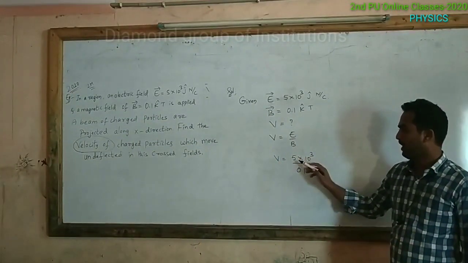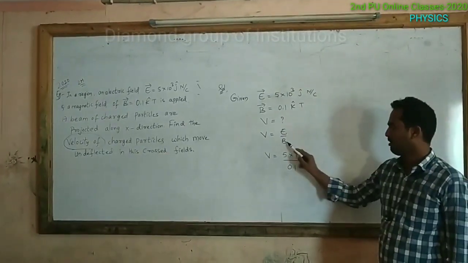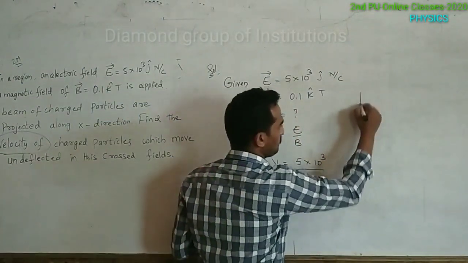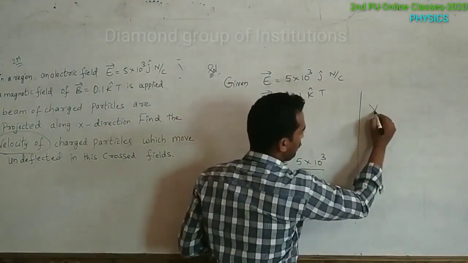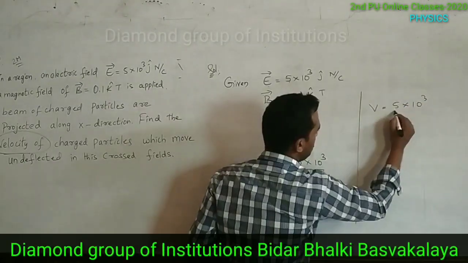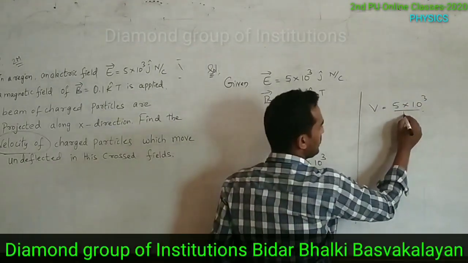Substituting the values, E equal to 5 into 10 to the power of 3, B 0.1, then V equal to 5 into 10 to the power of 3 by 0.1, we can write it as 1 by 10.